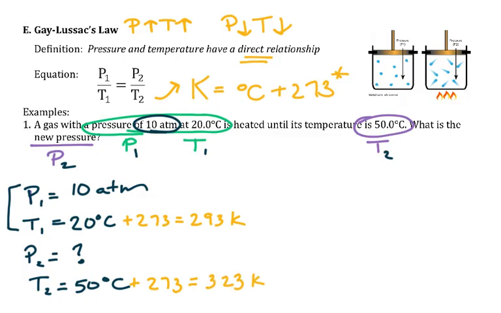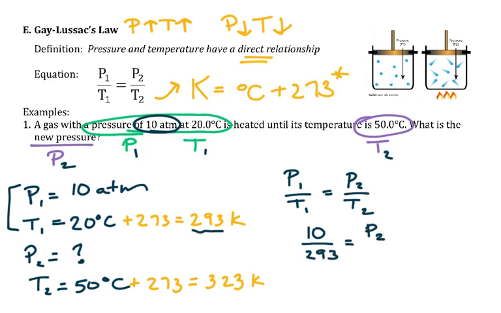And those are the values we're going to use in our equation. So now we can pull that formula, P1 over T1 equals P2 over T2. So P1 is 10 over 293 is going to equal P2, that's what we're looking for, over 323.